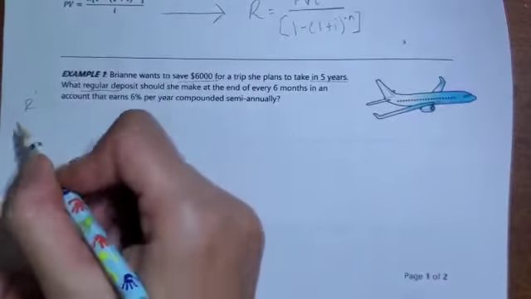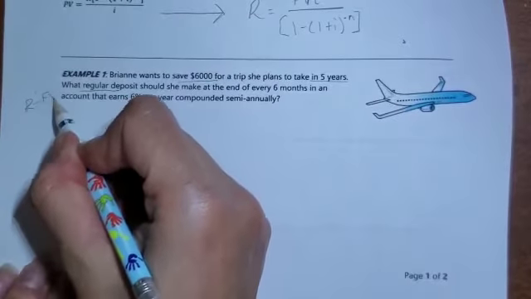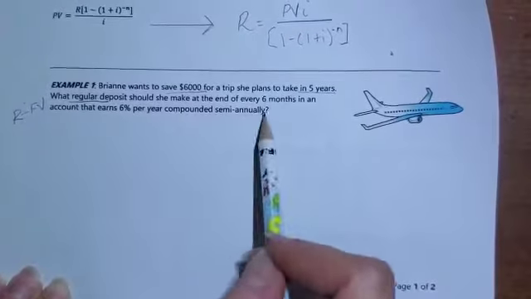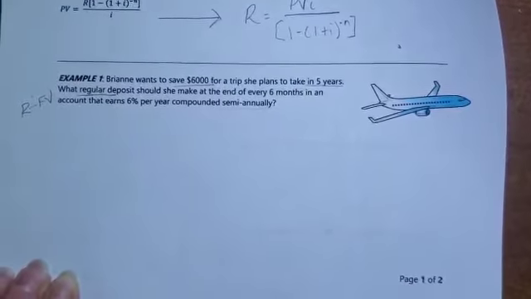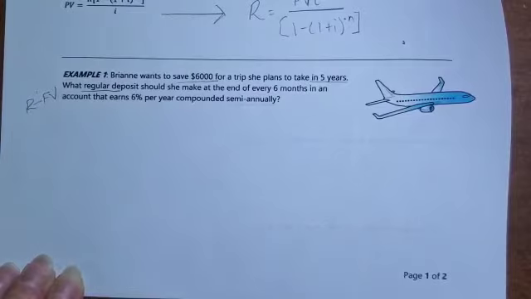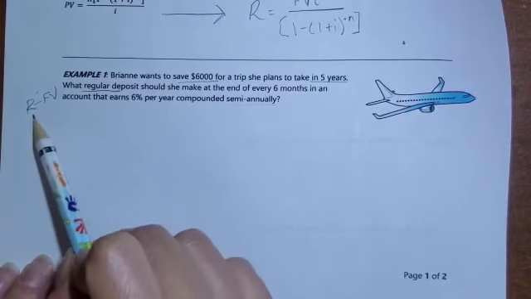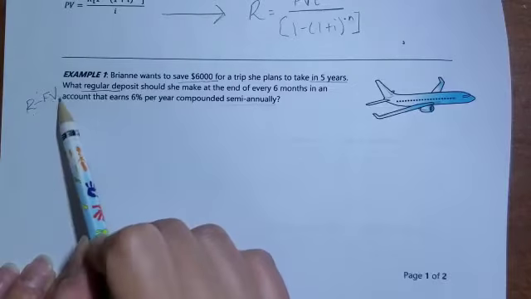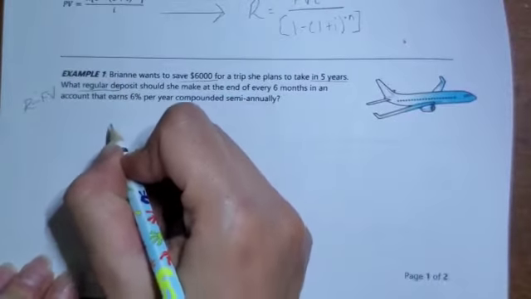So this is our giveaway for this to be future value. Then it also says compounded semi-annually, just to reaffirm that this is an annuity. So knowing our regular payment future value formula, we can solve.